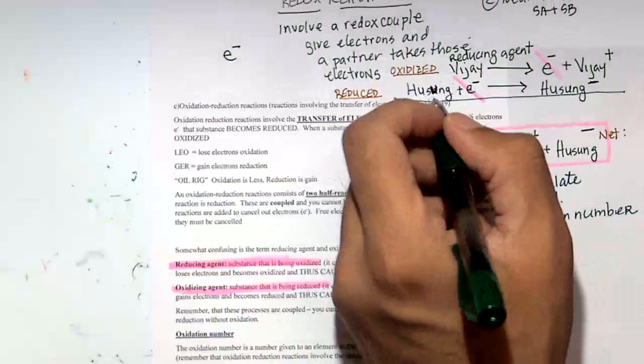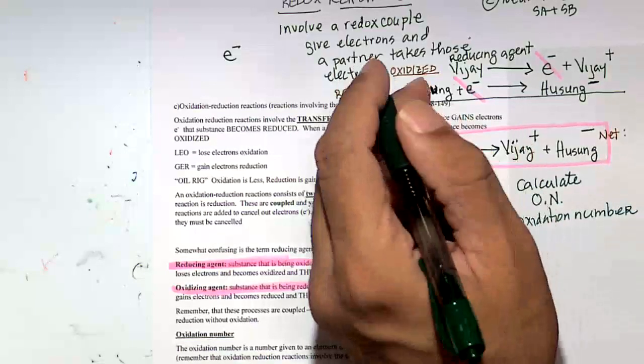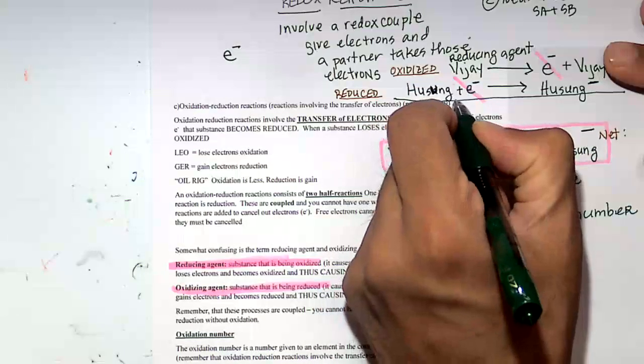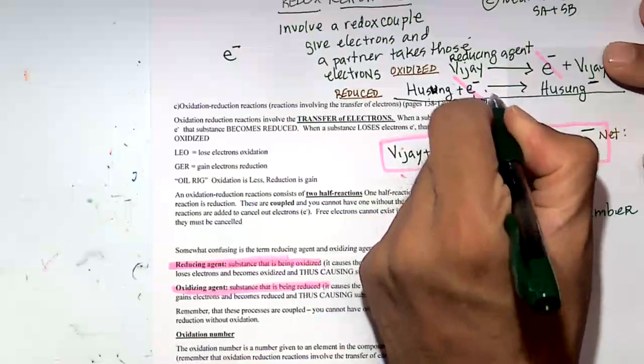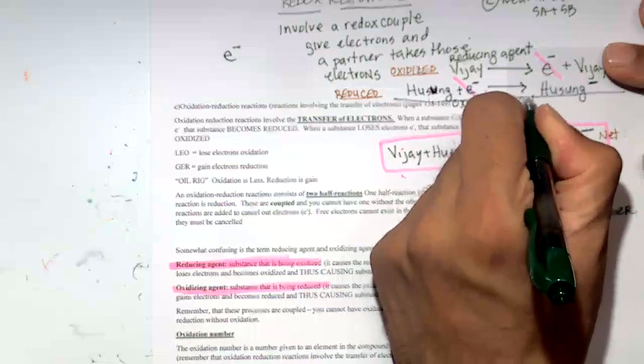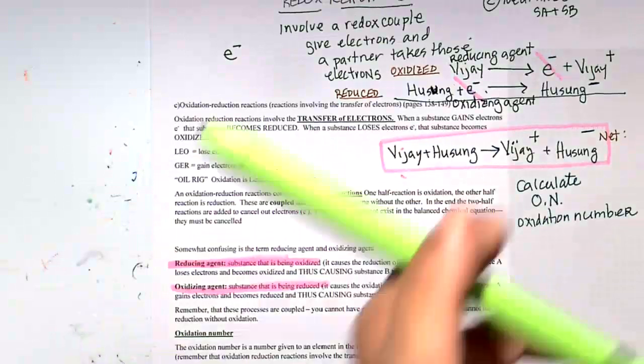He is the agent that causes his partner's, my, oxidation. So he is the oxidizing agent. So there's the reducing agent, and then there's the oxidizing agent.